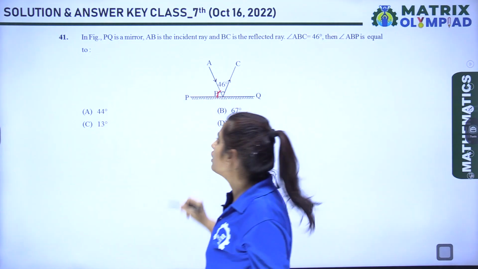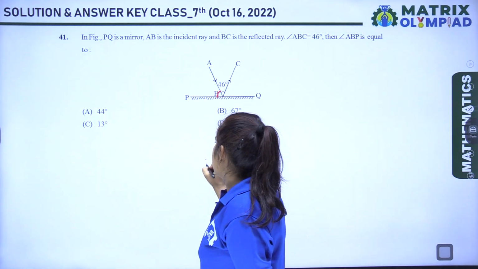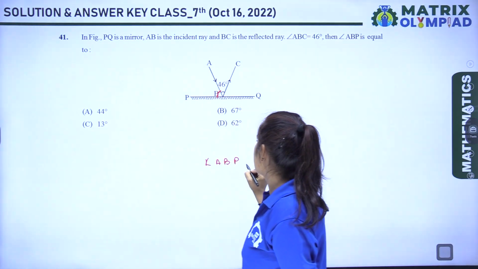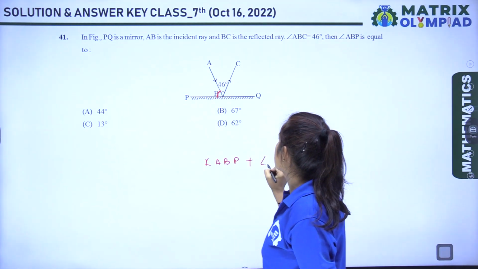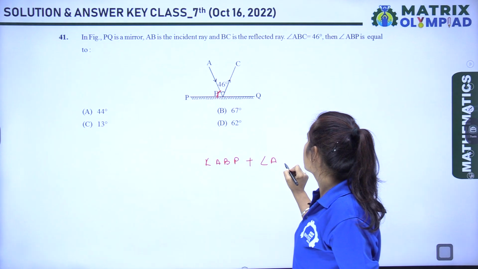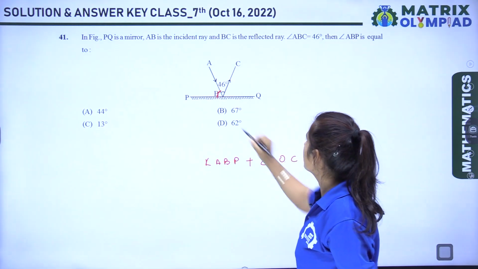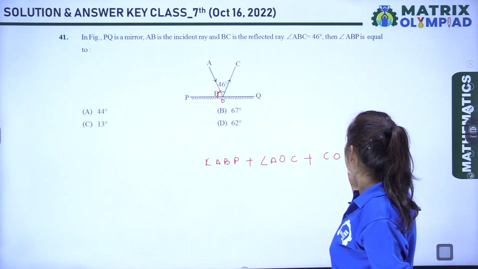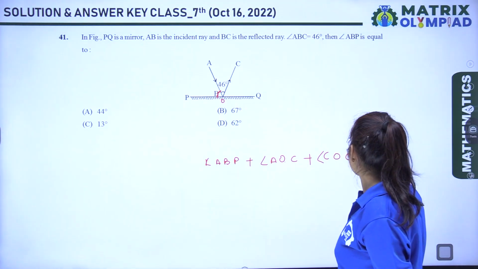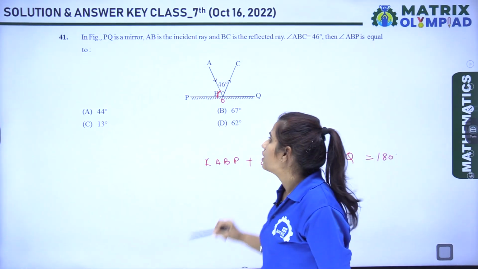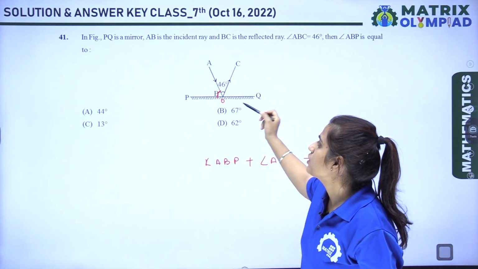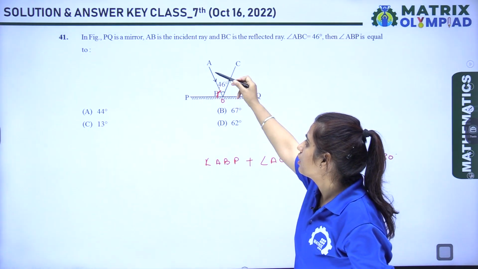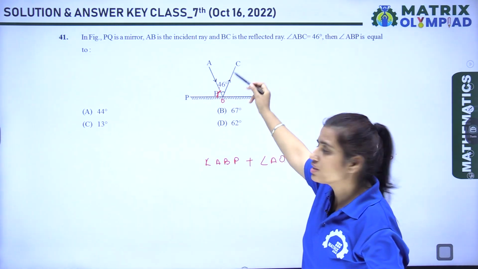So, as we know that a straight line is 180 degrees, we will put angle ABP plus angle BOC, let it be O, plus COQ equal to 180 degrees. As PQ is the mirror, this angle ABP is equal to angle COQ.